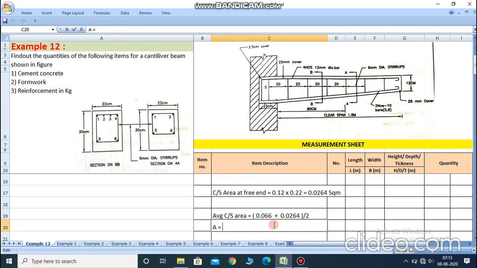We get the average cross sectional area as 0.0462 meter square.